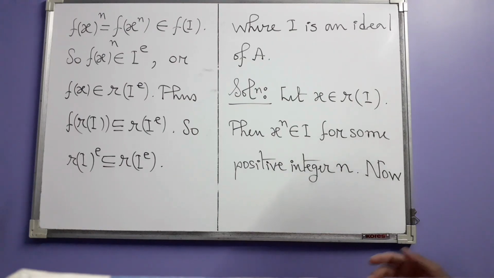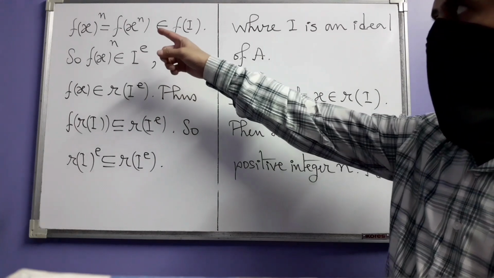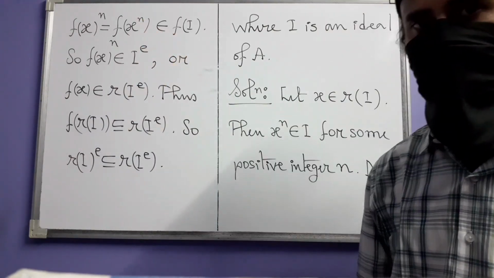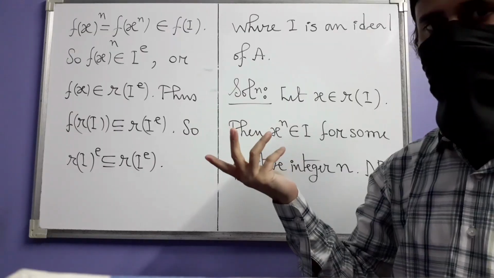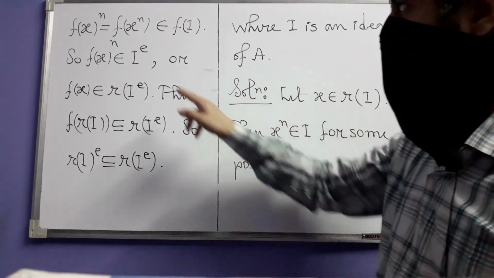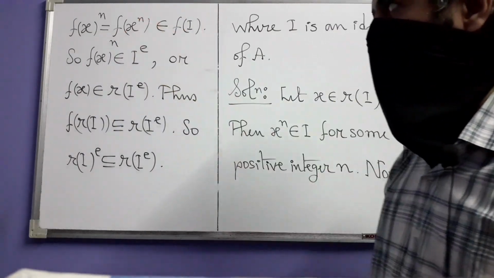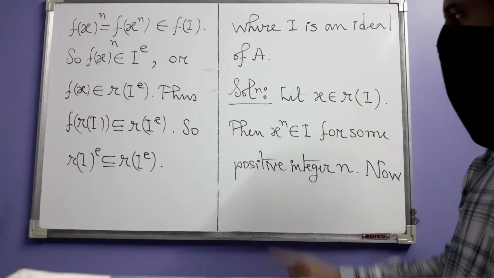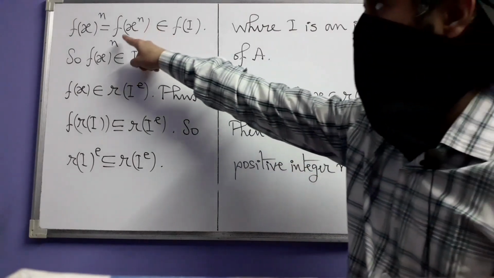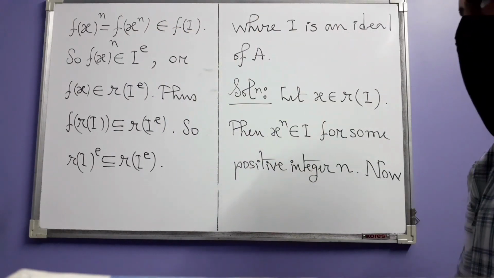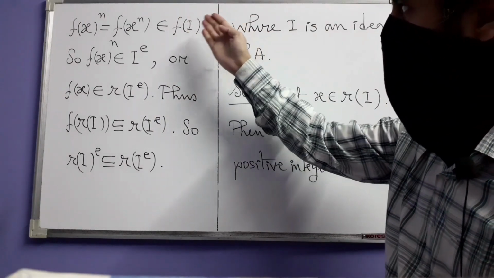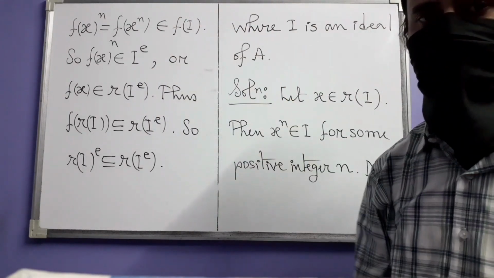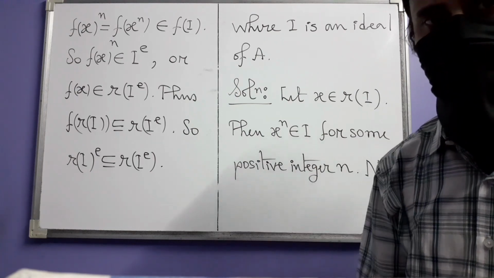Okay. Now next what we do, we consider the nth power of f of x. So this is f of x to the power n. Because f respects multiplication, it's a homomorphism, that equals f of x to the power n. And that's why, because x to the power n belongs to I, this belongs to f of I. But f of I is by definition of extension contained in the extension of I, a subset of I^e.